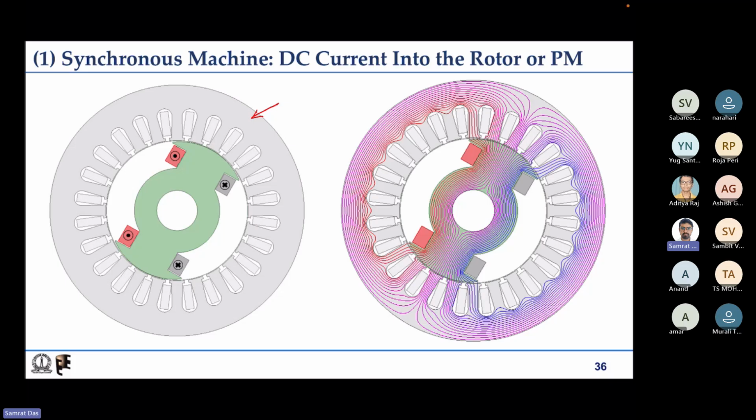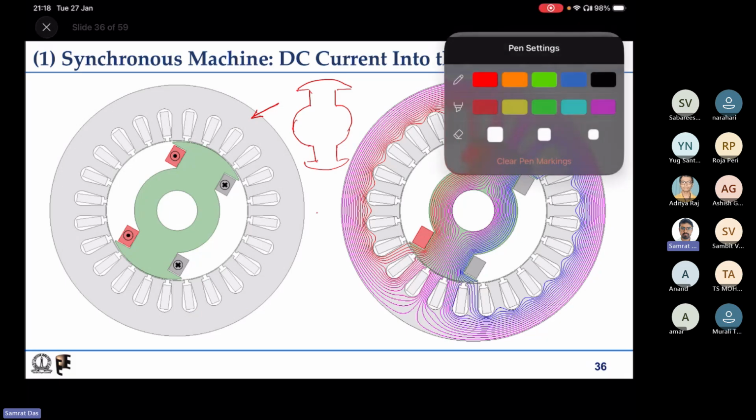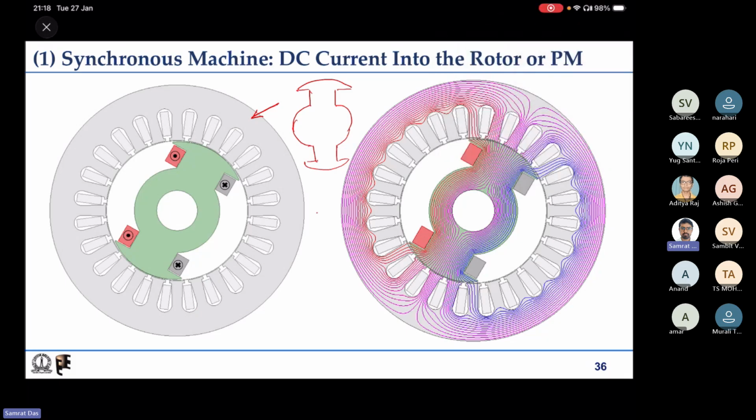This is the pole structure, and we have some winding in this region, in this region, similarly in this region, all on the pole body.